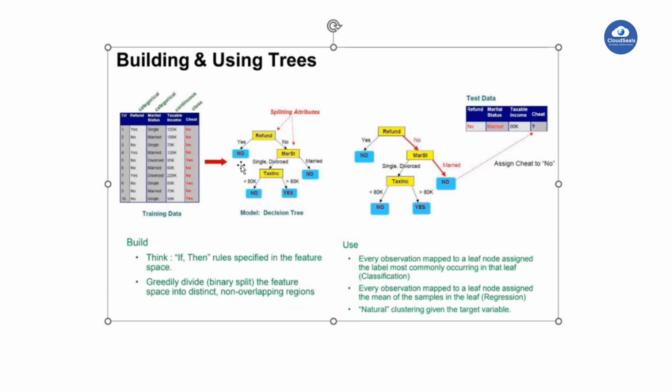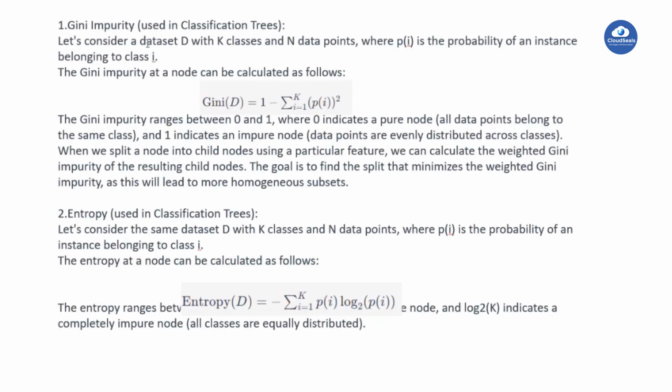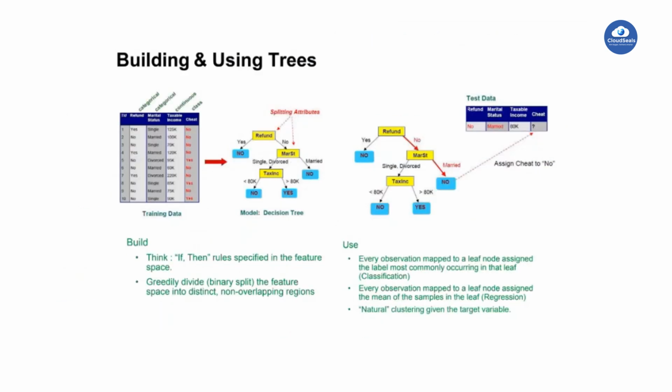That rule, for classification trees, is formed using Gini impurity and another one is entropy. If you don't know these concepts, you won't know how the splitting happens.